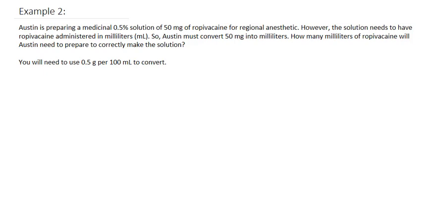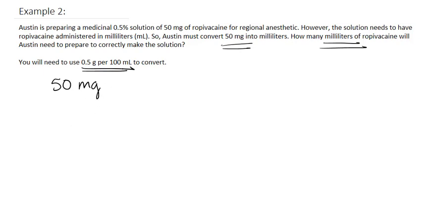So let's go back to our problem to see what we're being asked. We need to know how many milliliters of the drug we need, and we're given 50 milligrams. So we need to get milligrams into milliliters. Let us first write out 50 milligrams as our starting point.